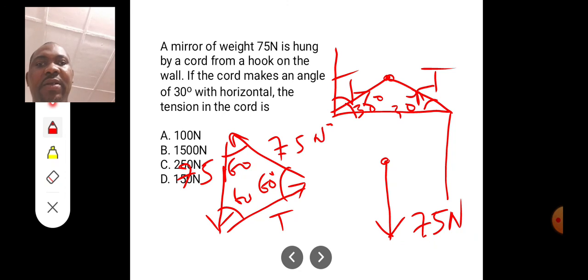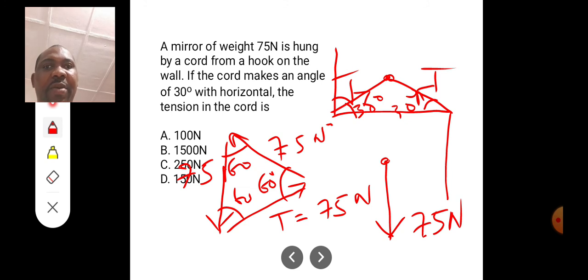Why? Because in an equilateral triangle, all the sides are equal. We don't have 75 newtons in the options, but that is the answer, 75 newtons. But some people can say that the total tension acting on the string is 75 plus 75, which makes it 150. Okay, that's important.